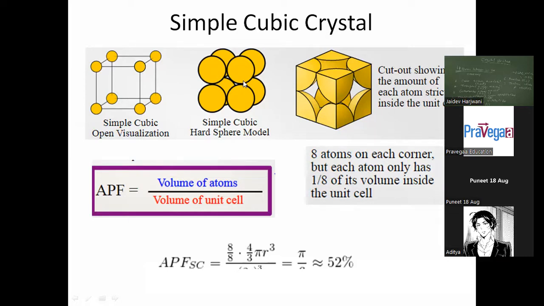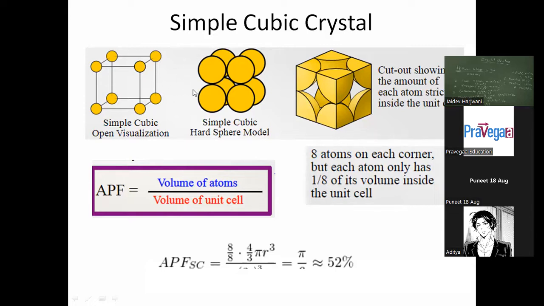So we also know in this cubic lattice, the sharing of this corner atom is only 1/8. So if I try to calculate the effective number of atoms present in this unit cell, that is only 1, because the corner atom is sharing only 1/8, because each atom is shared by other 8 cells.